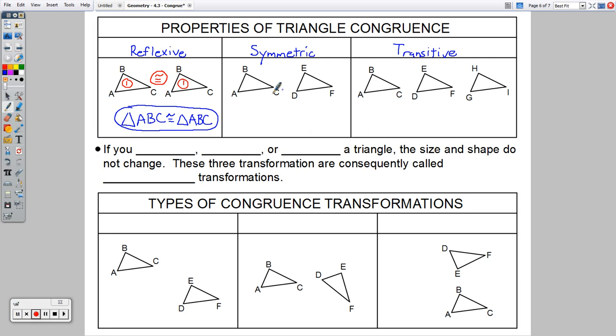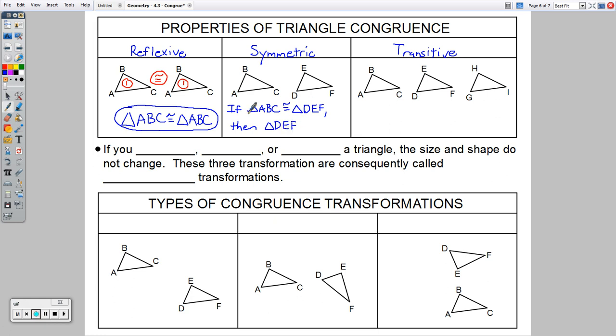I'll circle it. So the symmetric property of triangle congruence states that if, I'm going to write a little smaller on this one, I'm going to need 2 lines here. If triangle ABC is congruent to triangle DEF, then it works in the opposite order. So it's kind of like symmetry.